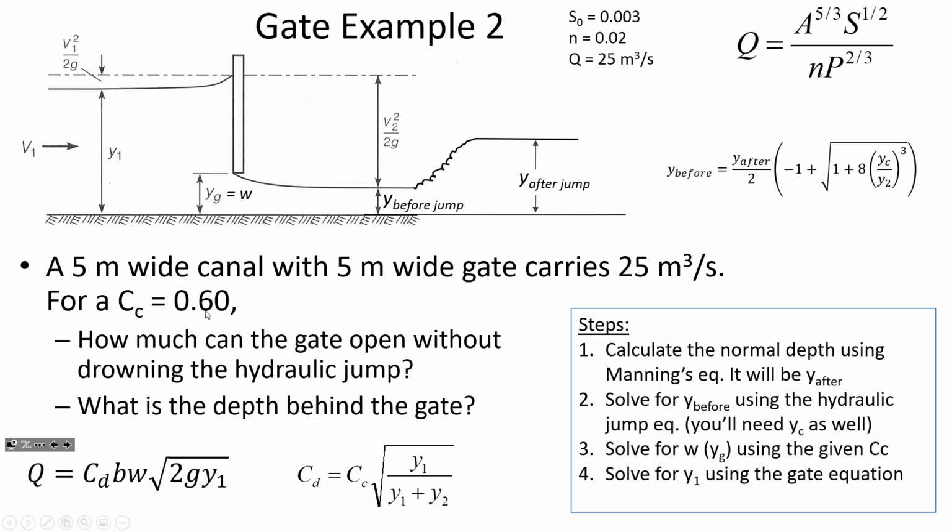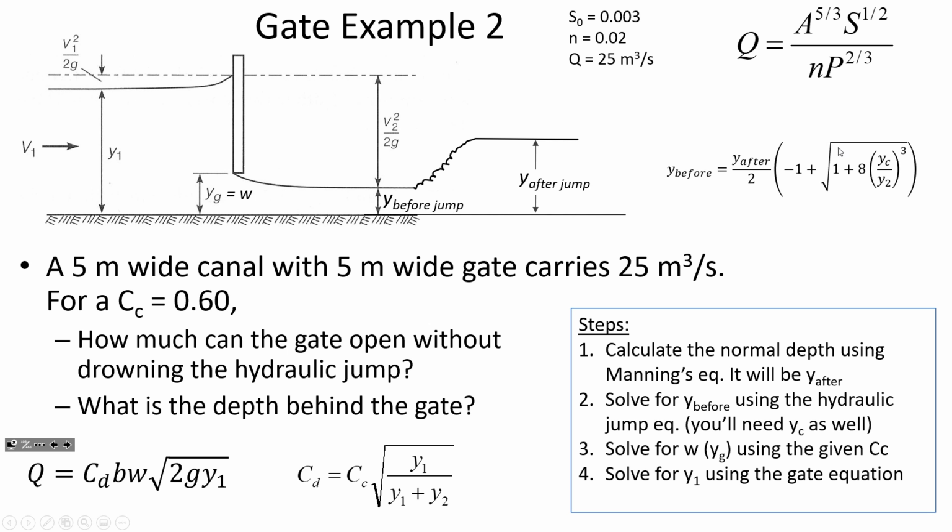So for a coefficient of contraction, you can find the height of the opening, W, because remember the contracted depth, y before, divided by the coefficient of contraction will give you the W. And then the last part would be to put this all into the gate equation to find the depth before.